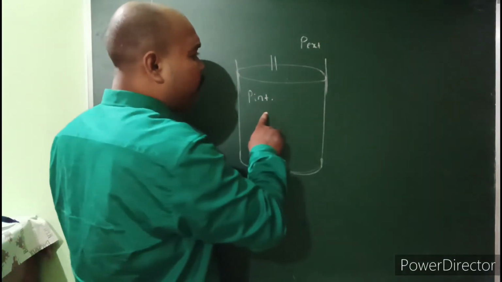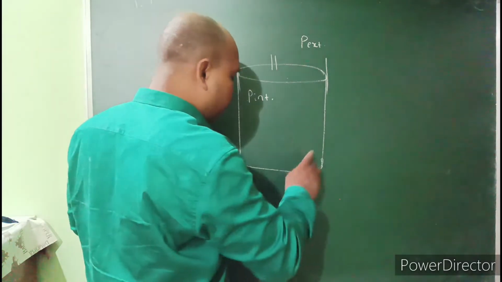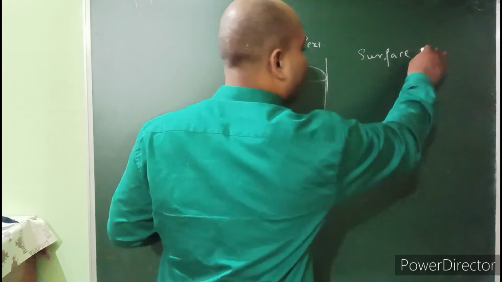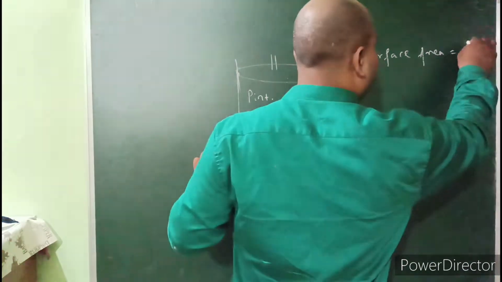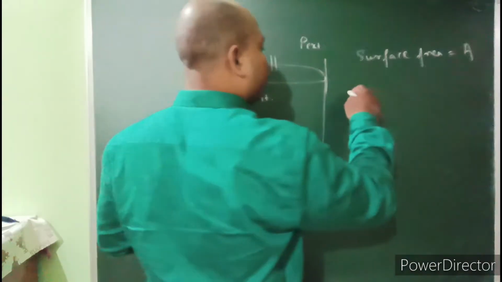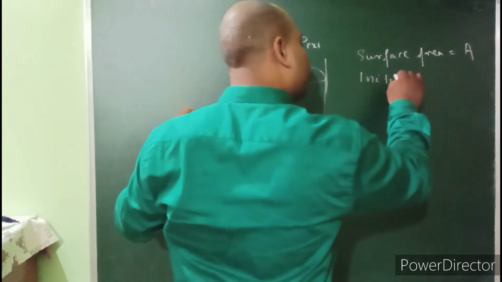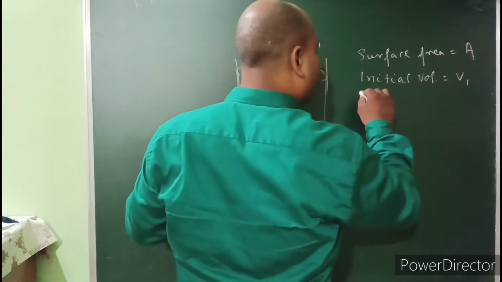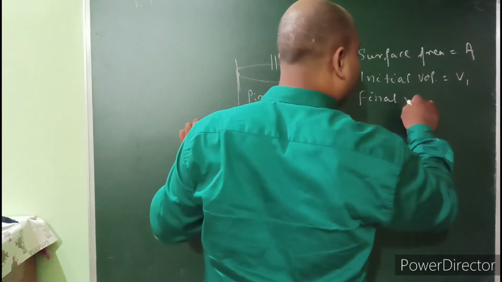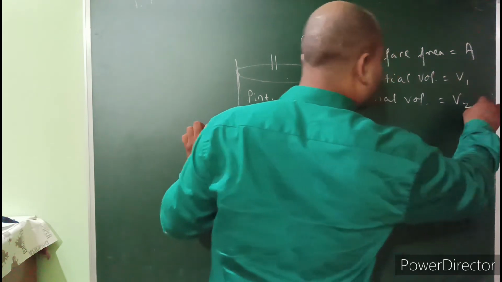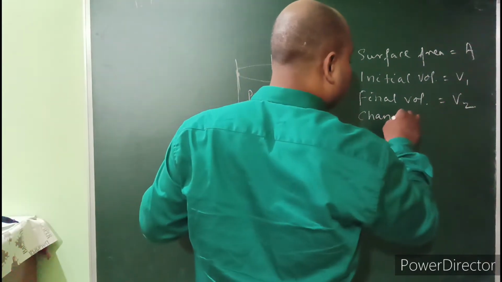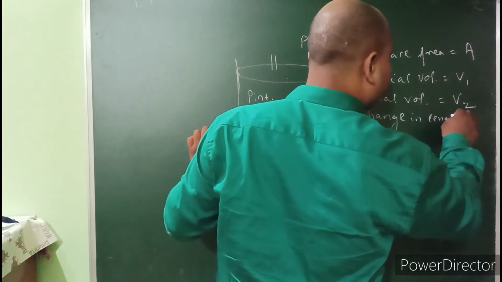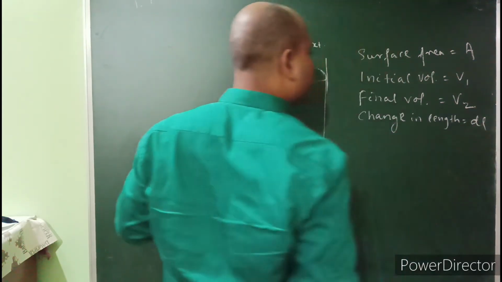Now I have taken that it has a surface area, that is the surface area of the container is A, initial volume is V1, final volume is V2, change in length, that is dl.